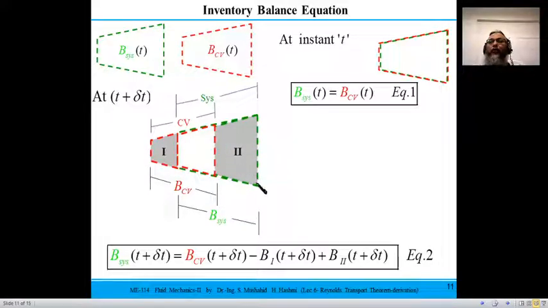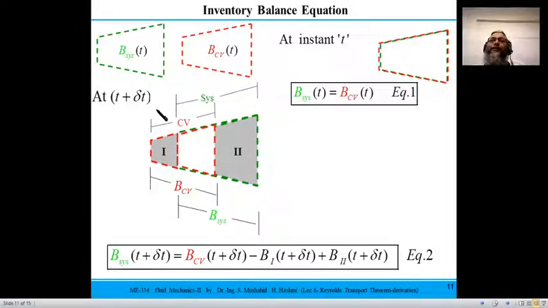But there is no more the part 1 in the system, so that's why I have minus of Roman B1. So B2 is a part of the system, B1 is no more a part of the system.